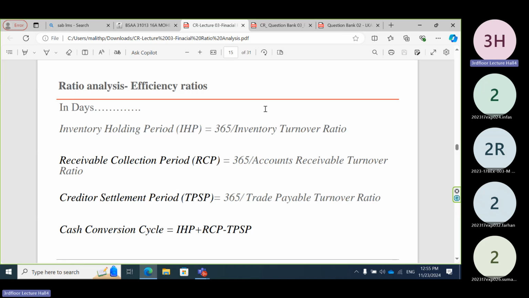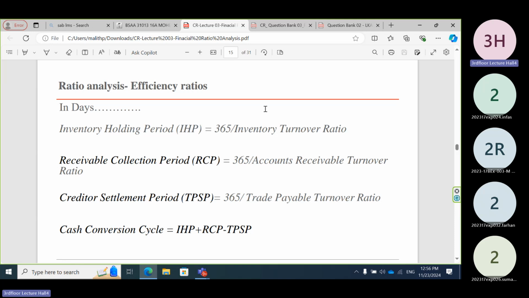If the answer is 2, it means within a year, as per our debtor balance, you are having credit sales 2 times. It means your debtor settlement period is 365 divided by 2. If the answer is 1, your debtor collection period is 365. From that onwards, you can think.